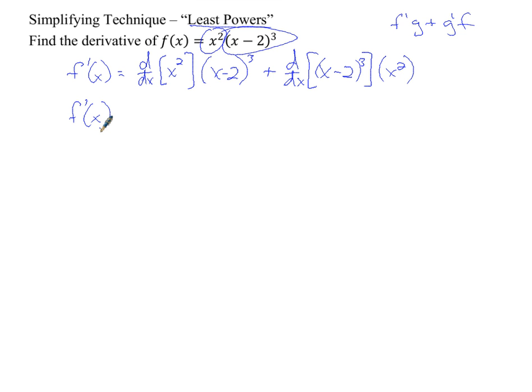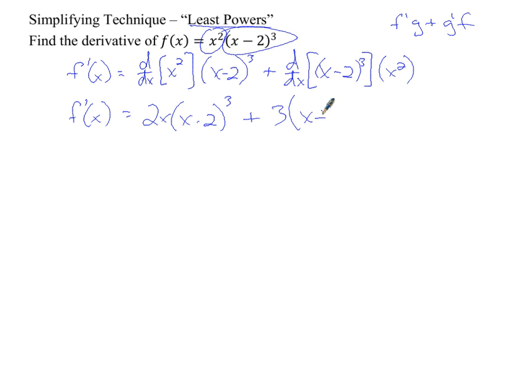Okay. So now we just take the derivatives. We have 2x times the x minus 2 to the third power. And now we're going to take this derivative using the chain rule, which is also something that we can do in our head. We just have to recognize that we are doing the chain rule here. So we're going to have plus what? The 3 comes down.